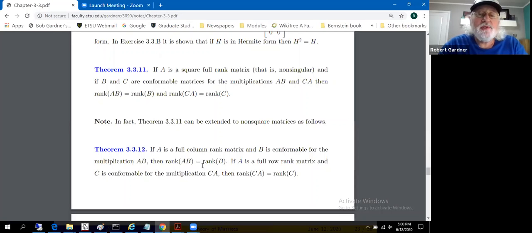And then the conclusion is the same. Rank of AB equals the rank of B. Alternatively, if A is a full row rank matrix, and C is conformable for the multiplication to discuss C times A, then the rank of C times A is the rank of C. So similar to the previous one, the requirements on this one are full column rank when multiplying on the left, full row rank when multiplying on the right.